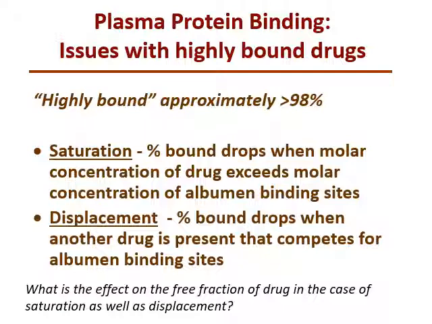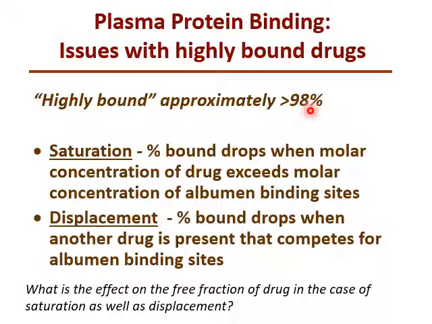Now, here's the thing. What is the effect of these two situations on the free fraction of drug? Well, say a drug is 98% protein bound, and it goes from 98 to 96% protein bound due to some additional drug which displaces some of it.